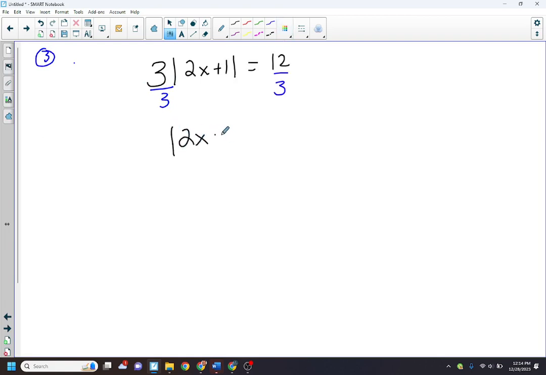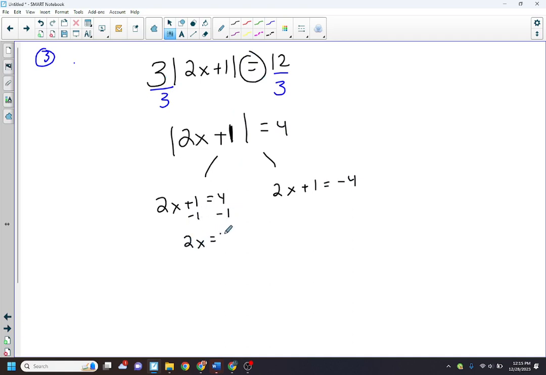Then the absolute value of 2x plus 1 equals 4. So then you split: 2x plus 1 equals 4, and 2x plus 1 equals negative 4. It does not matter if it's an equal sign or an inequality. Make sure your absolute value is by itself first before you graph or before you answer. 2x equals 3. X equals 3 over 2.